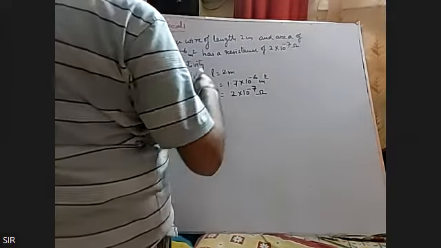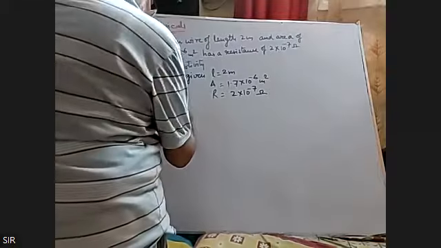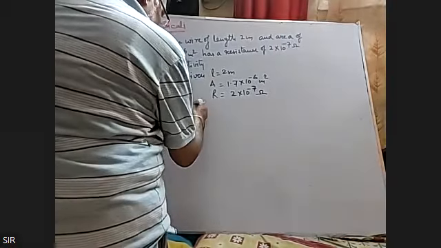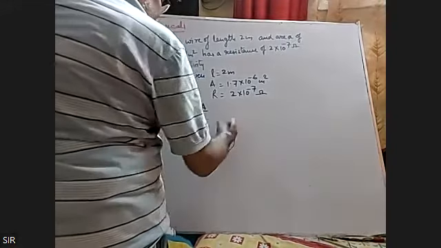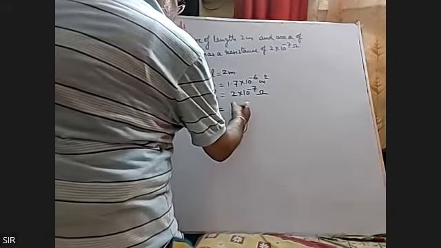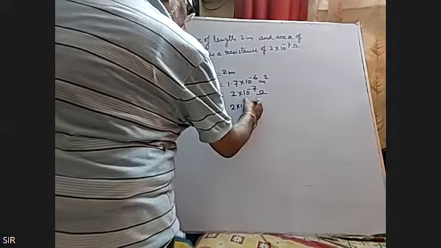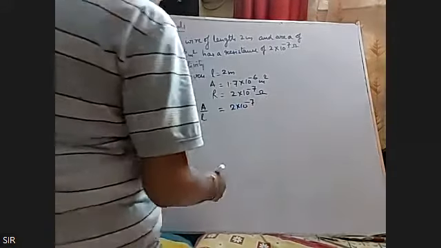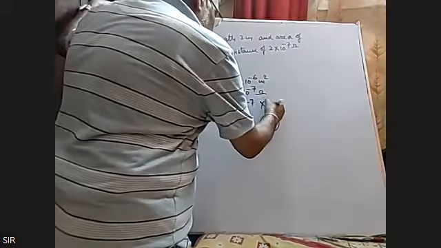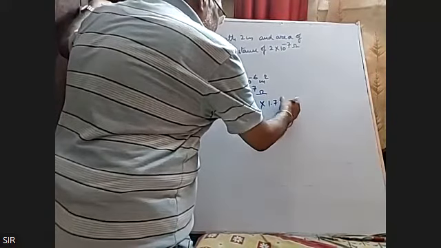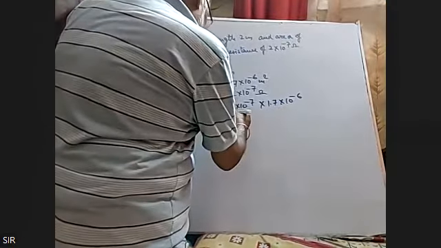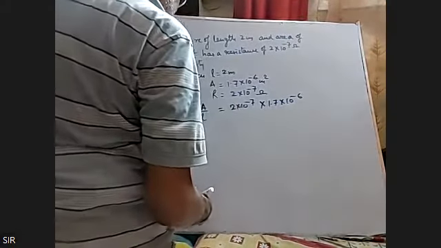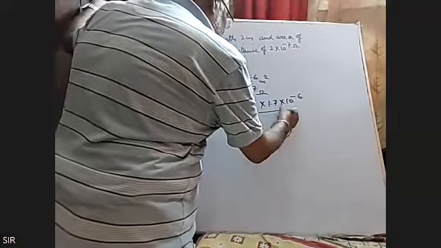So R is equal to rho L by A, so rho is equal to R multiplied by A divided by L. Put the values: 2 into 10 to the power minus 7, A 1.7 into 10 to the power minus 6, by L.